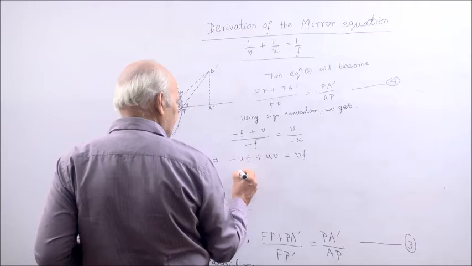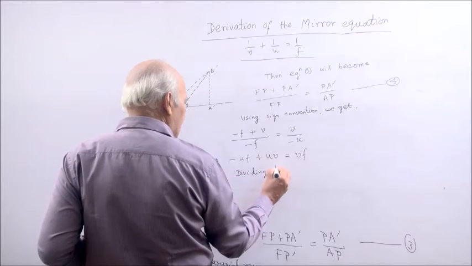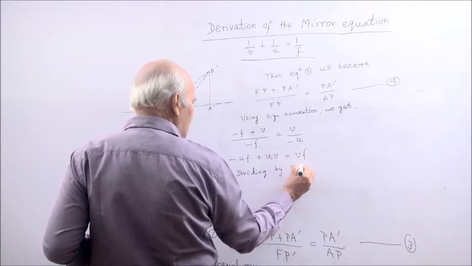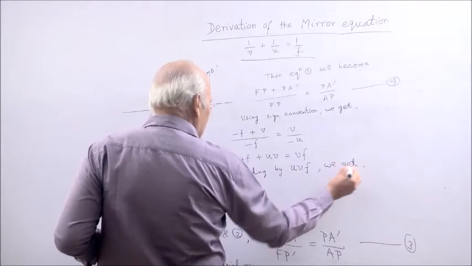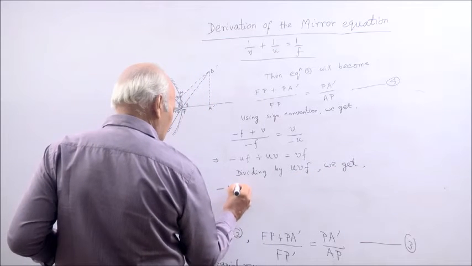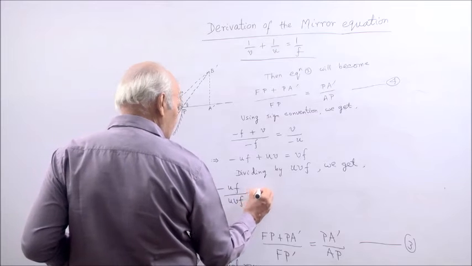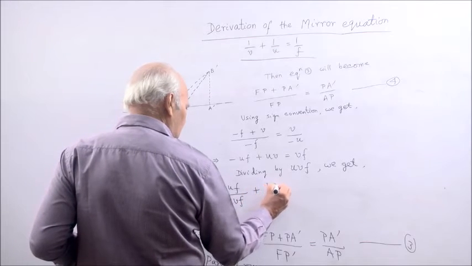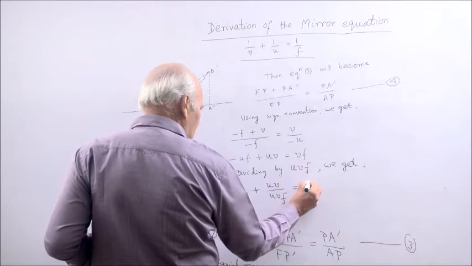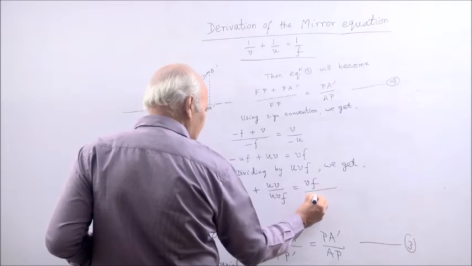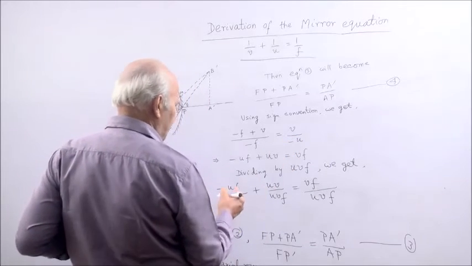Then dividing by UVF, we get minus UF by UVF plus UV by UVF is equal to VF by UVF. And what you find here?